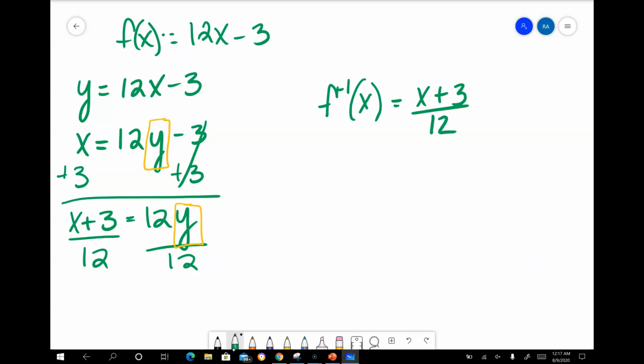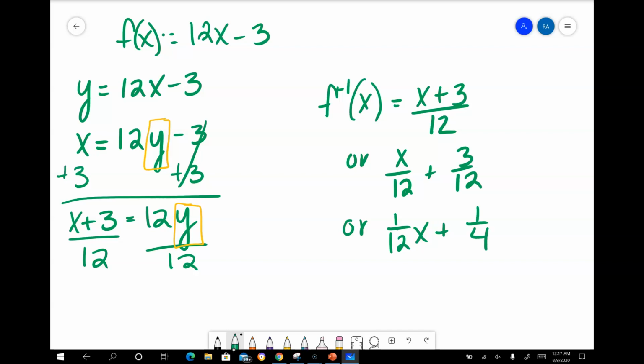Now, again, like the example said, you can rewrite this. We could write this as x divided by 12 plus 3 divided by 12. And when you clean that up, it's going to be 1/12 x plus 1/4. Okay, so those are 3 different ways you could write it, just depending on how the question is asked.